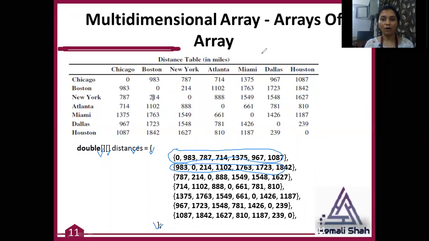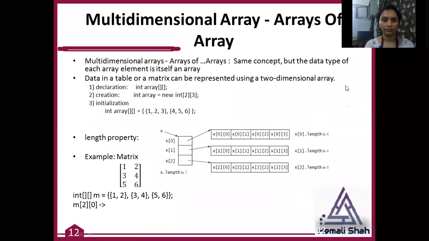Now let's talk about this multi-dimensional array in depth. So a multi-dimensional array is an array of arrays, same concept, but the data type of each array element itself is an array, right? The data in a table or a matrix can be represented by using a two-dimensional array. The declaration of such an array is like this: data type, then variable name, then two brackets.